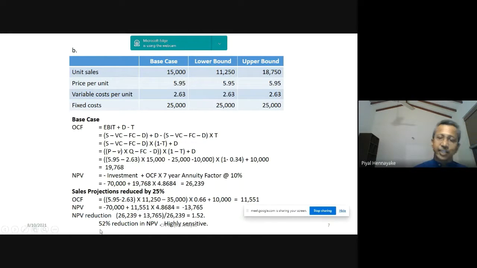So highly sensitive. So that's the answer. If you have a question, you have to do this calculation and show that this is the sensitivity. But for assignments, I didn't cut marks if you have not done it this way. Right.